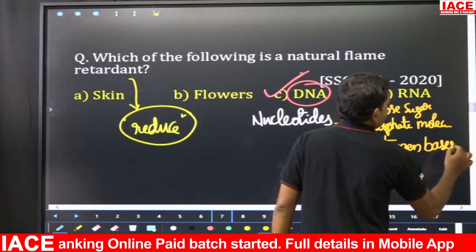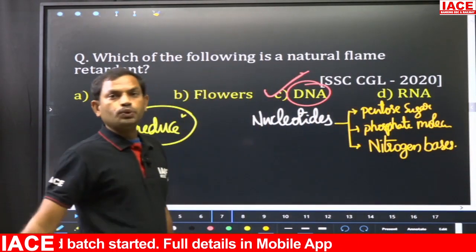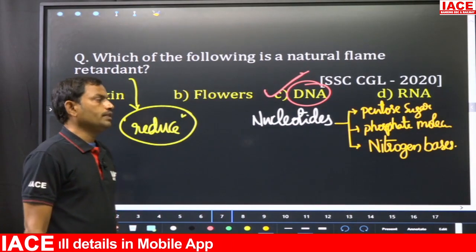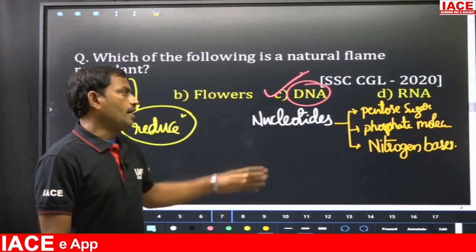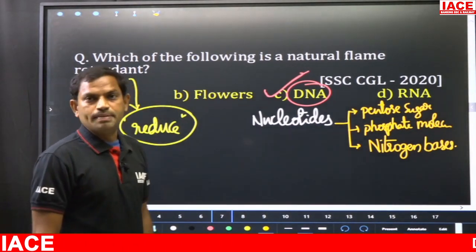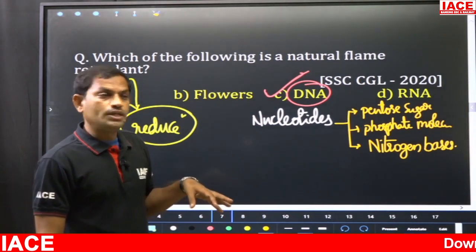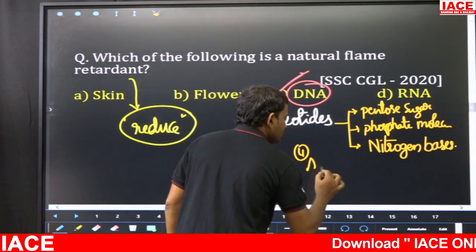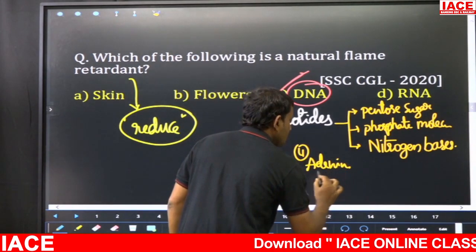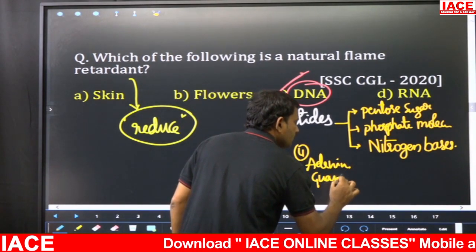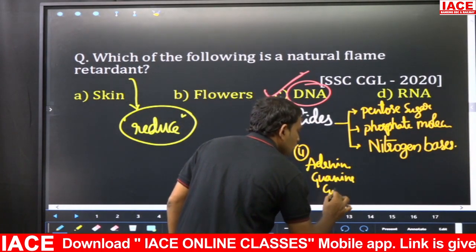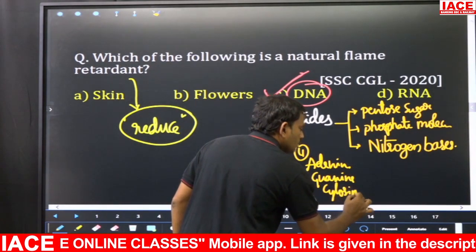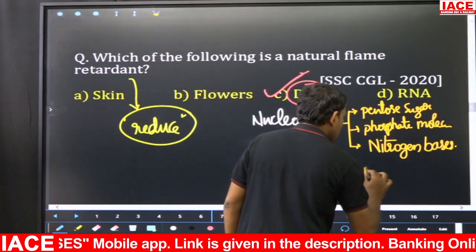The pentose sugar contains 5 carbon atoms, that is nothing but ribose sugar, and a phosphate molecule, then nitrogen bases. There are 4 types of nitrogen bases. One is adenine, the second is guanine, the third is cytosine, and the fourth is called thymine.